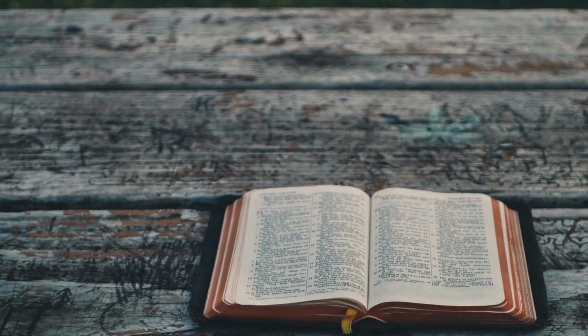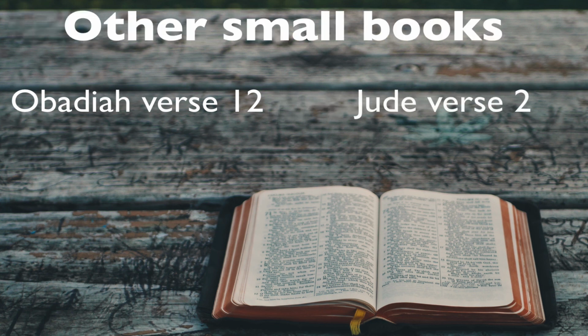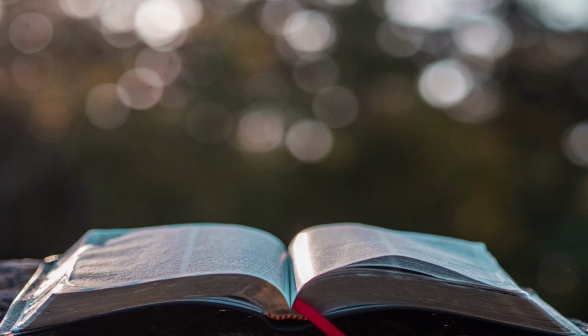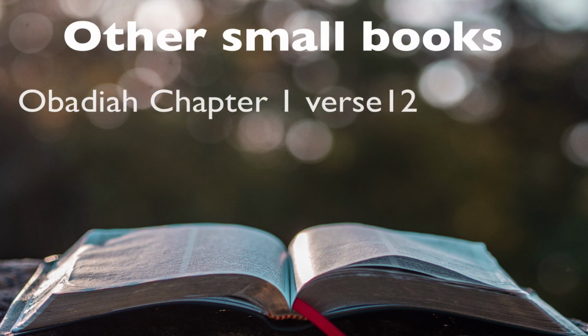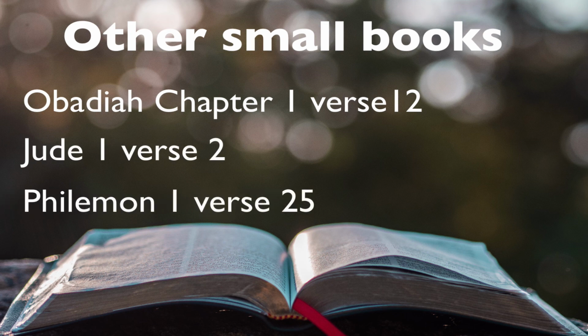How would we read a book like Obadiah, which has only one or perhaps no chapters? Obadiah 12. We'd simply say Obadiah verse 12 or Jude verse 2, Philemon verse 25, etc. Yet, others may cite the one chapter as Obadiah chapter 1 verse 12 or Jude 1 verse 2 or Philemon 1 verse 25.